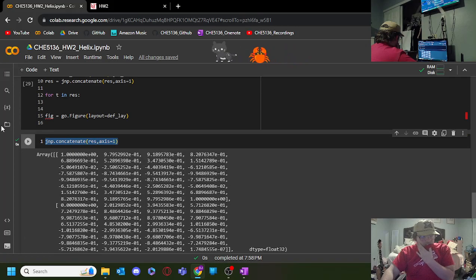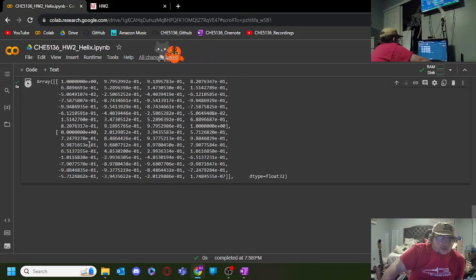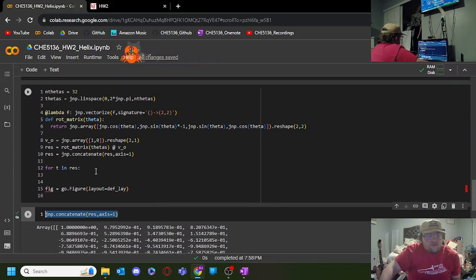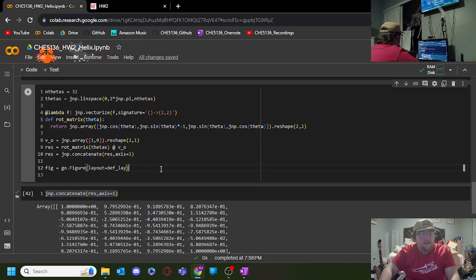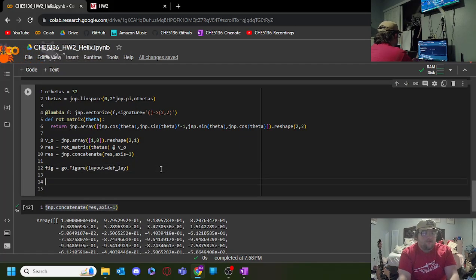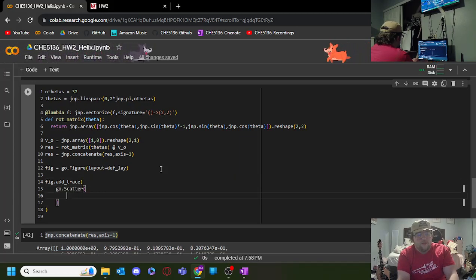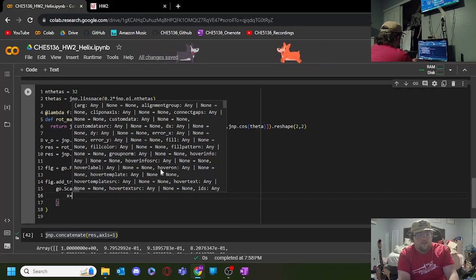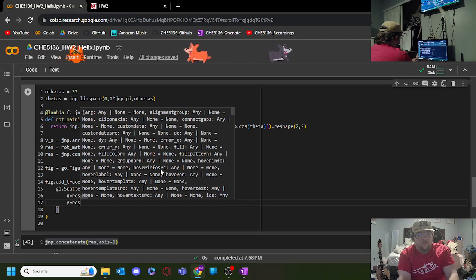So what happens here now is our first row is all our x's, our second row is all our y's. And we don't need that. Add trace. Go dot scatter. X equals res 0, y equals res 1.